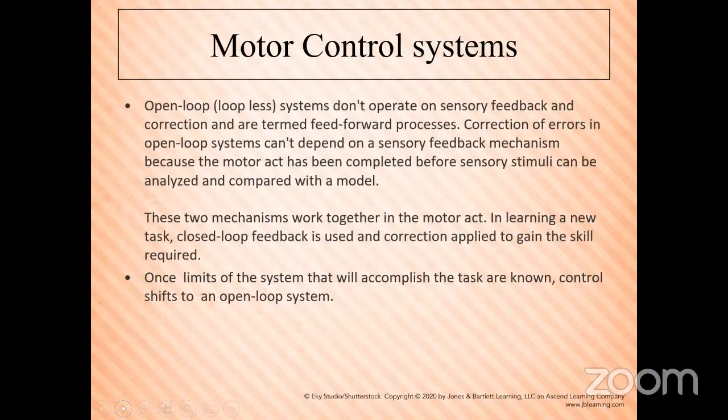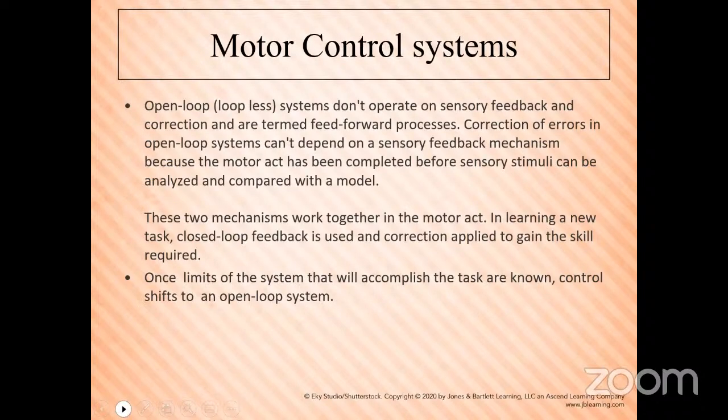These two mechanisms work together in the motor act. In learning a new task, closed loop feedback is used and correction applied to gain the skill required. Once the limits of the system are known, the closed loop control shifts to an open loop system. That's the important aspect.